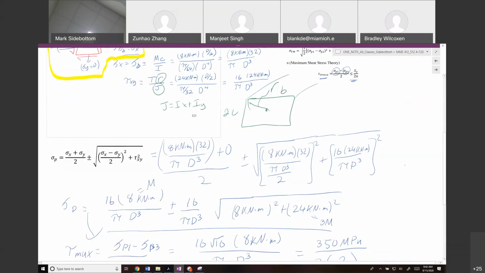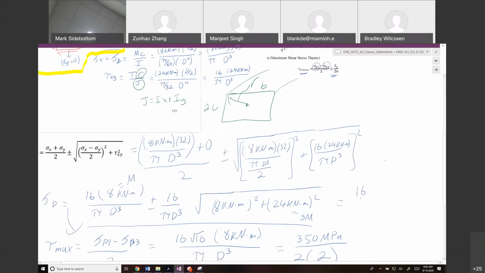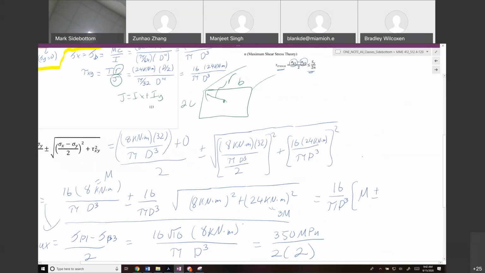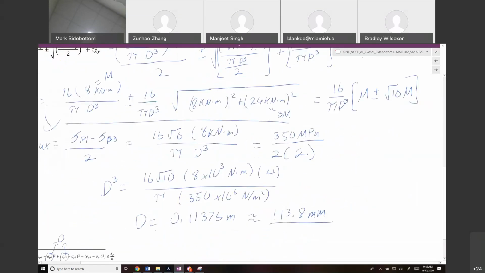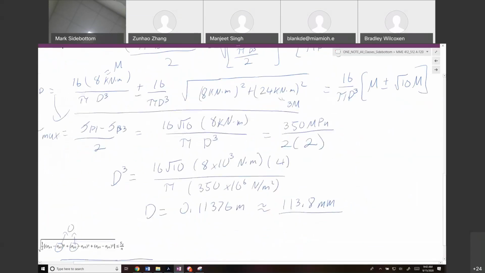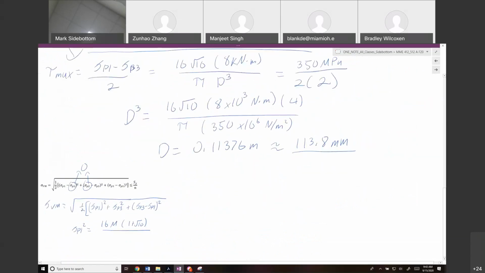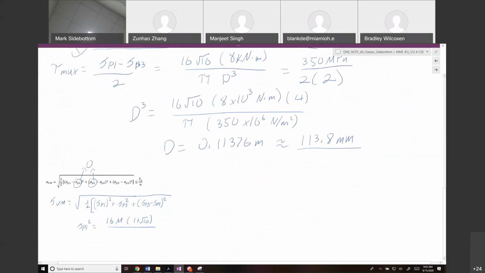This equation comes down to being 16 over pi times the diameter cubed times the moment plus or minus, this equation here ends up becoming a radical 10 times the moment. Okay. So if we plug in those values for our first principal stress squared, we would end up getting this equation here.